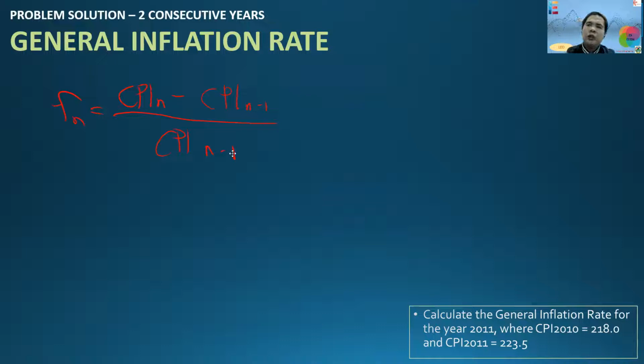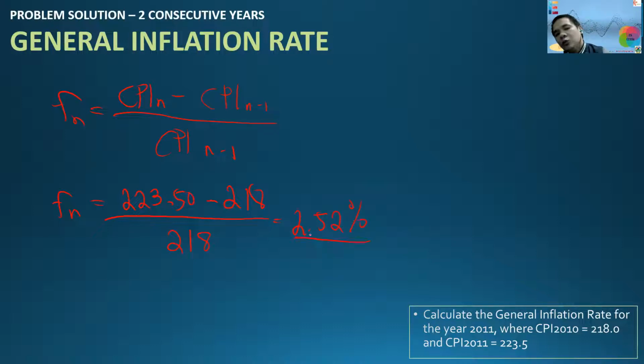By substituting your given, the CPI n for 2011 would be 223.50 minus 218 over 218. Therefore, it will give you a general inflation rate of 2.52%. Okay.